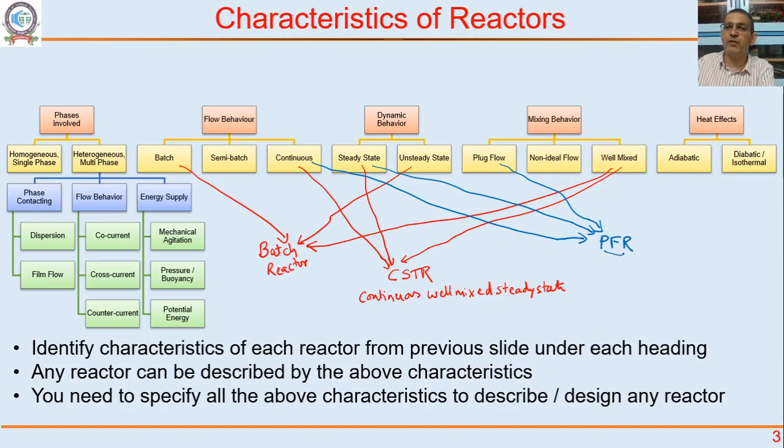When you said PFR, you have said only this one characteristic. You automatically understood that it is steady state and it is continuous. Do you realize that? When you said CSTR, you only described one characteristic, well mixed, but you automatically meant steady state and you automatically meant continuous reactor.